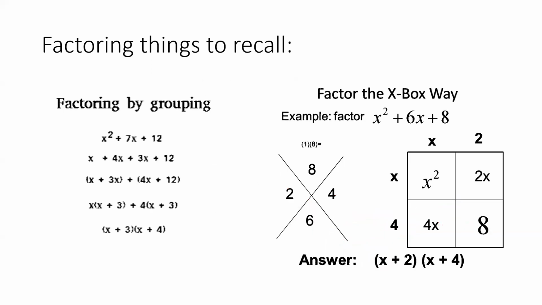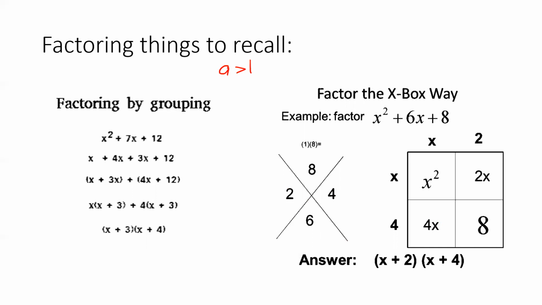And next we have factoring by grouping. Factoring by grouping and factoring the Xbox way come in handy when your A is greater than 1. Okay, so if your A is greater than 1, this is typically what happens.